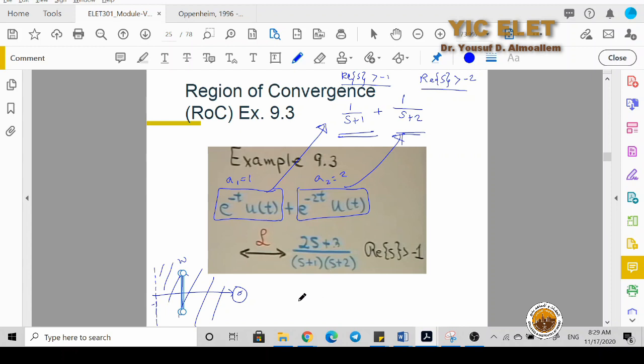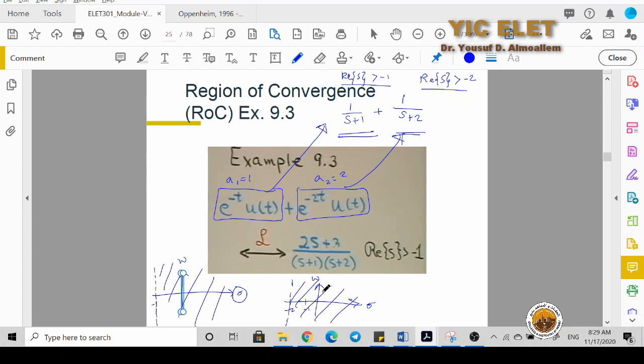Now, for the second one, we're saying that the real part, this is sigma and this is omega, so real part of minus 2, this is minus 1, so minus 2. So the real part should be greater than minus 2.